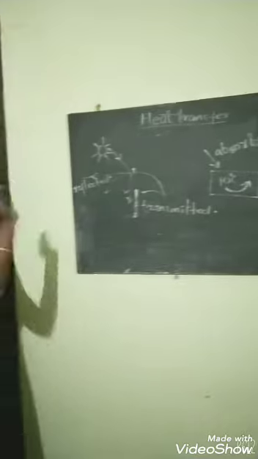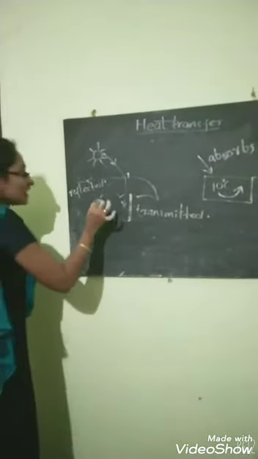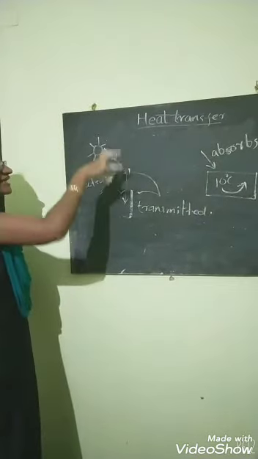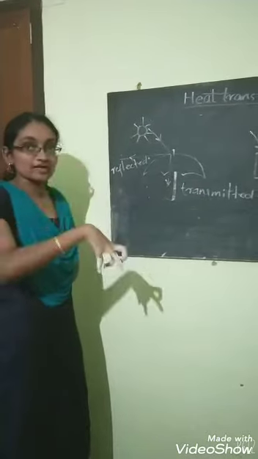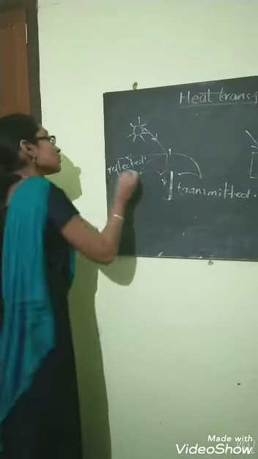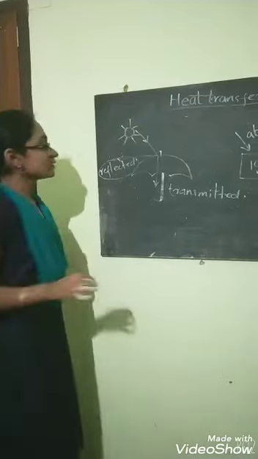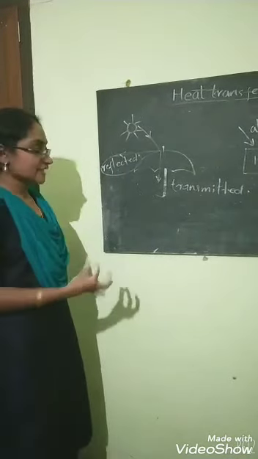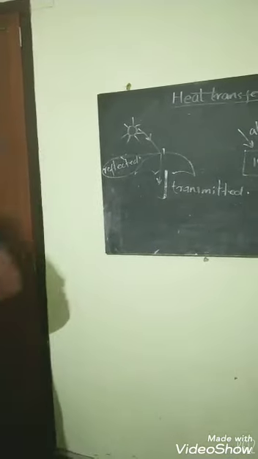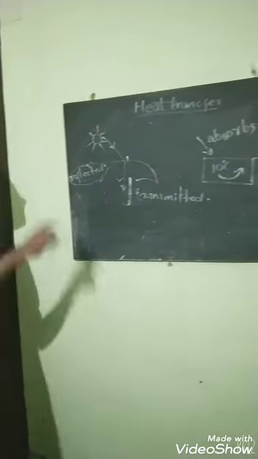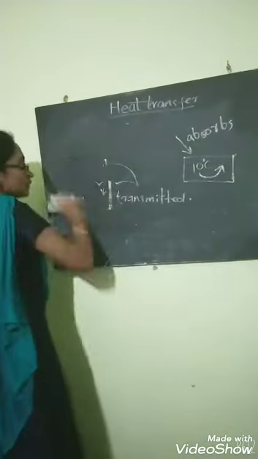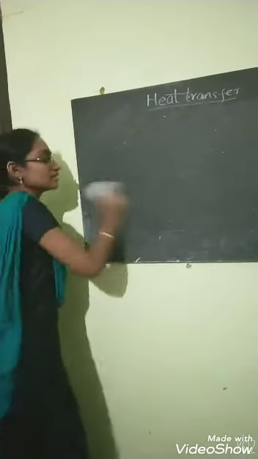So when heat energy hits a substance, reflection or absorption takes place, and this absorption depends on the color of the substance. The absorption or reflection of heat depends on the color of the substance.